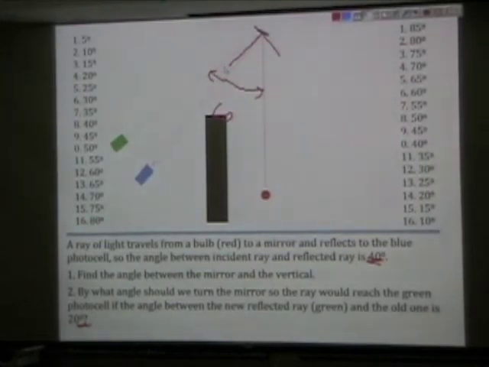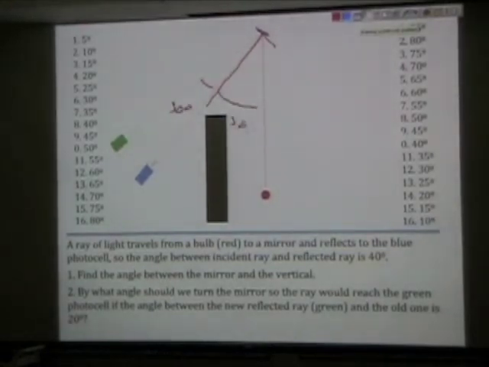Well, I can't draw it to scale, something like this. That's a new normal. Not good enough. These angles are supposed to be equal, 30 and 30. Well, I'm not good at drawing. And your old normal was like this. Your previous normal was at 20 degrees to the vertical.